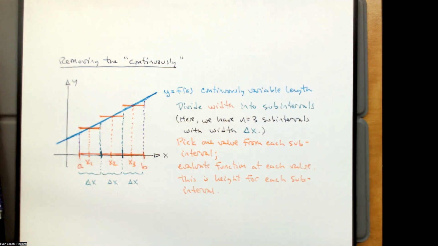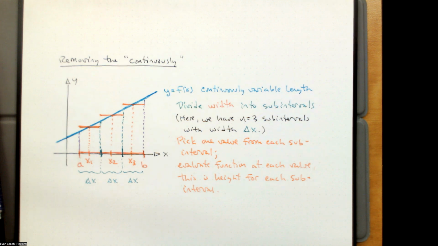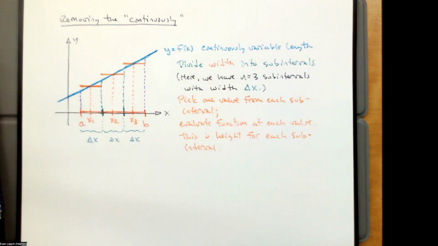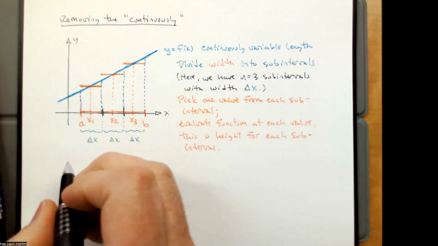We have removed the continuously variable part in favor of just variable. This is the thinking behind what's going on. So now our approximate area is the approximate area of these three rectangles.